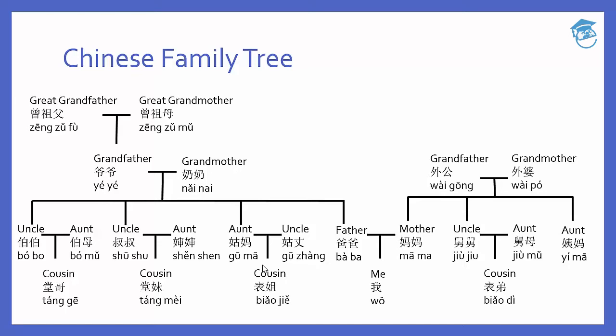Similarly you can say 表哥, 表弟, 表妹. That is specifically for 姑妈的子女. You call them 表兄弟姐妹 because they do not share the same family name as you do, because once the aunt is married, she follows her husband's family name.